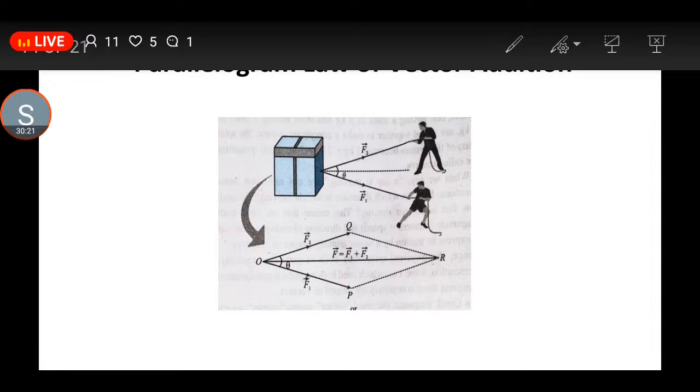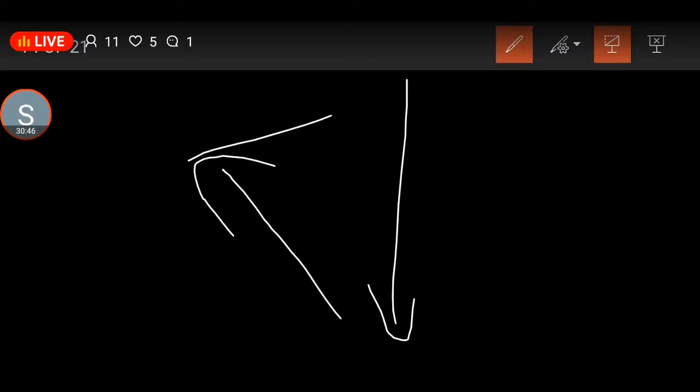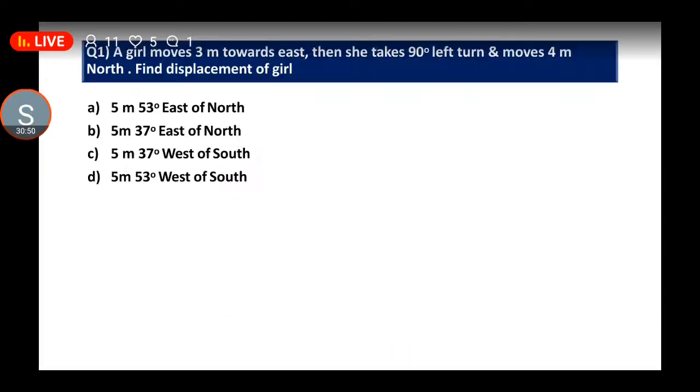I'll first explain some important things. Let's take three vectors in this direction, 1, 2, 3. You will shift this vector like this.